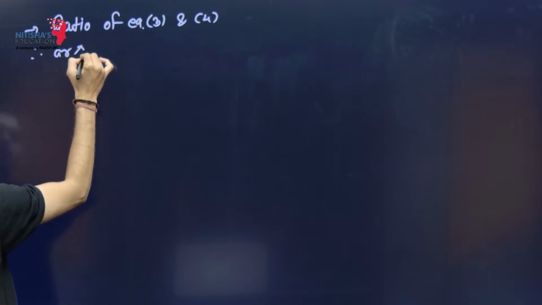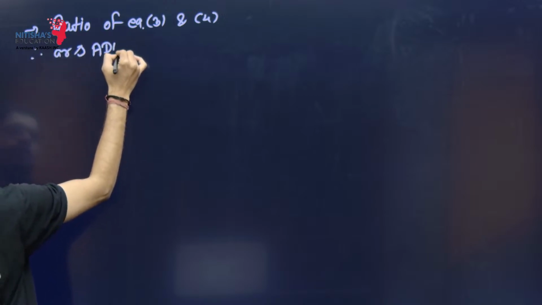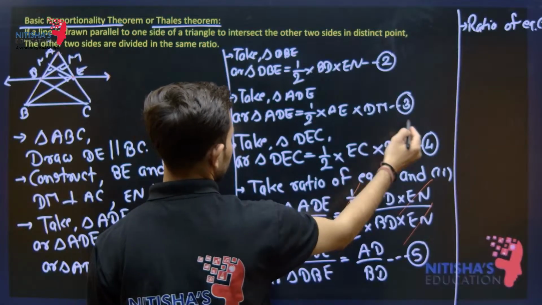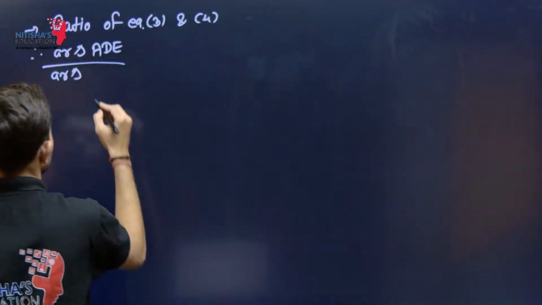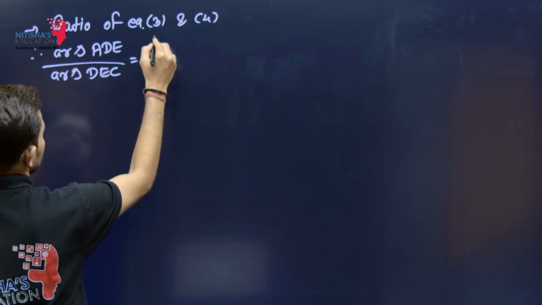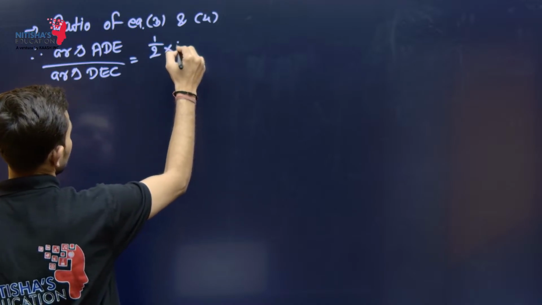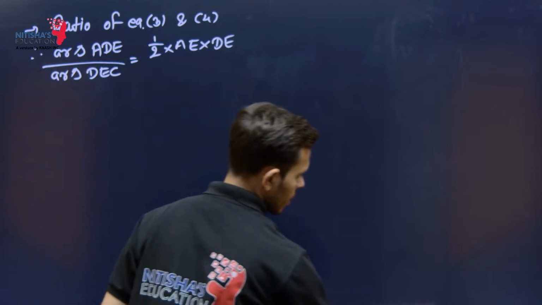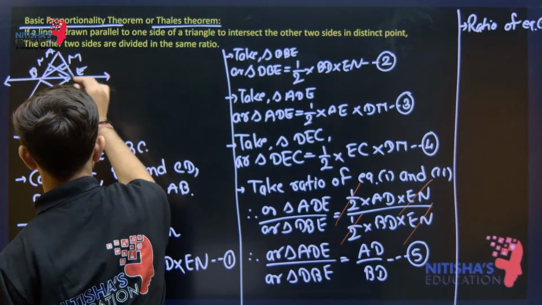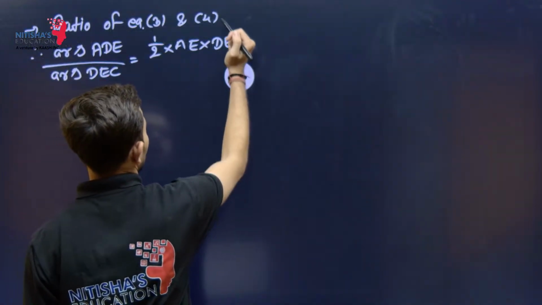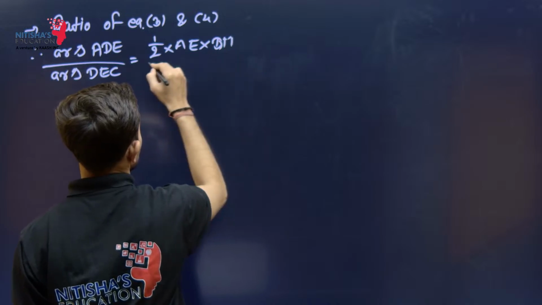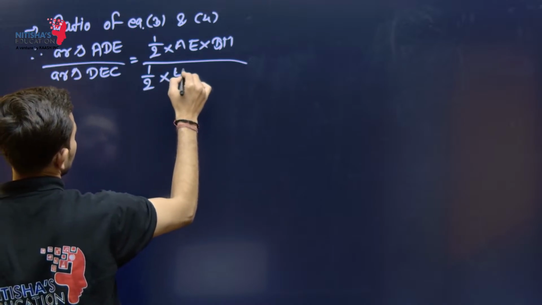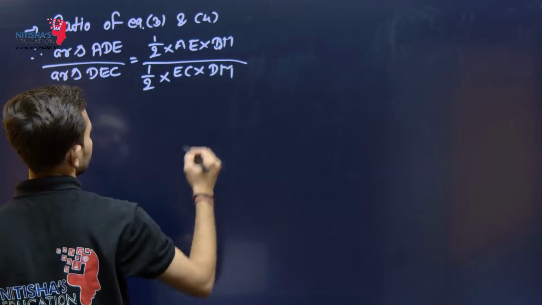So area of triangle ADE divided by area of triangle DEC is equal to 1 upon 2 into base AE and height DM, divided by 1 upon 2 into base EC and height DM, right?